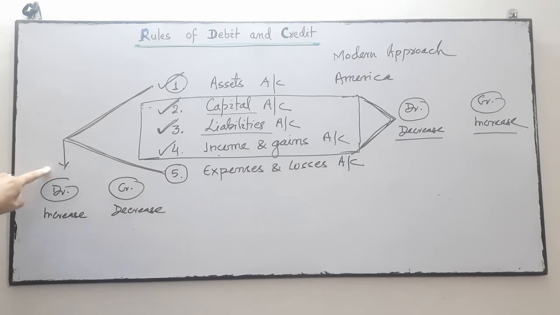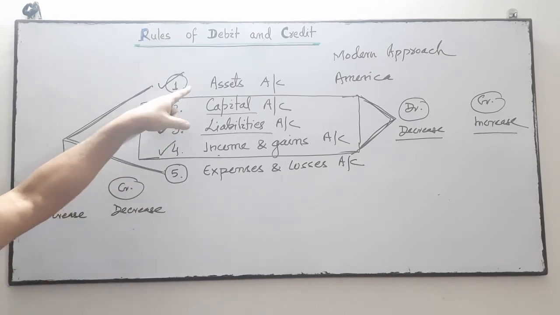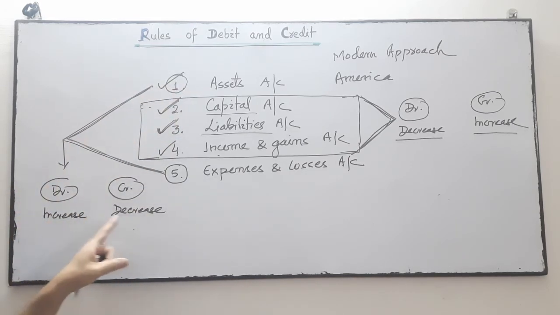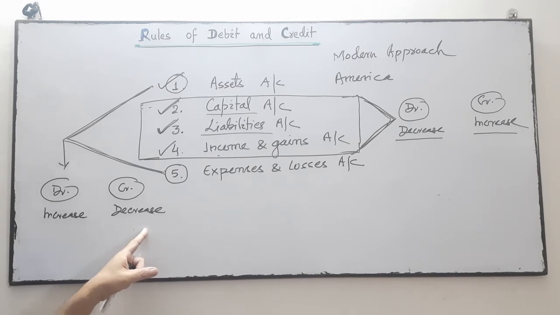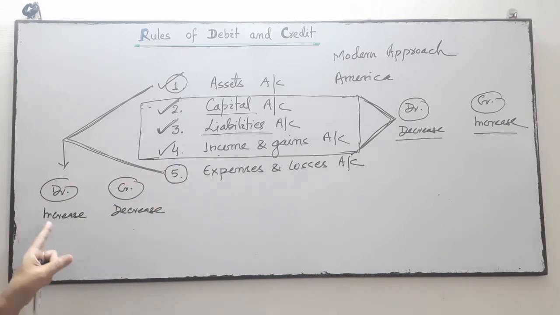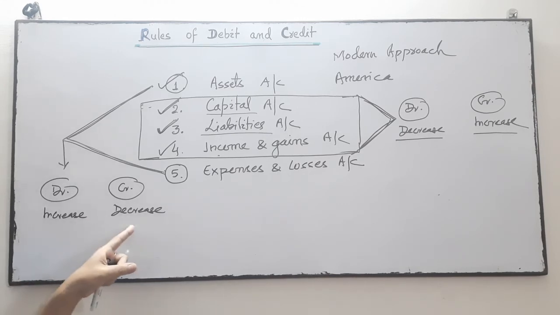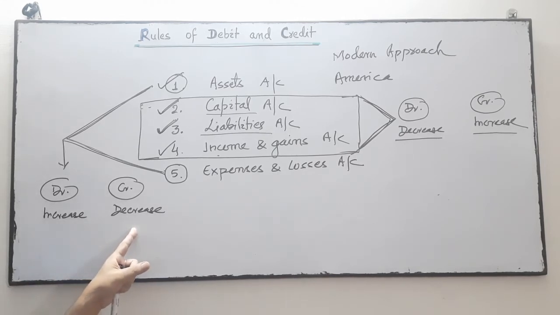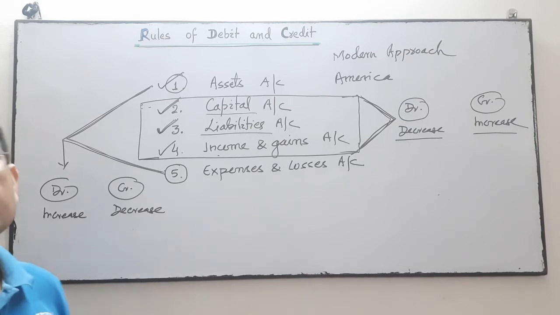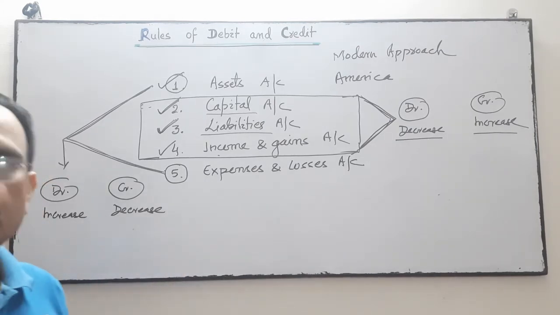Increase in assets will be debited, decrease in assets will be credited. Increase in expenses and losses will be debited to that ledger, and decrease in expenses and losses will be credited to that ledger.